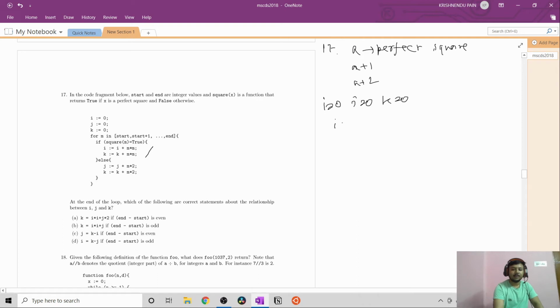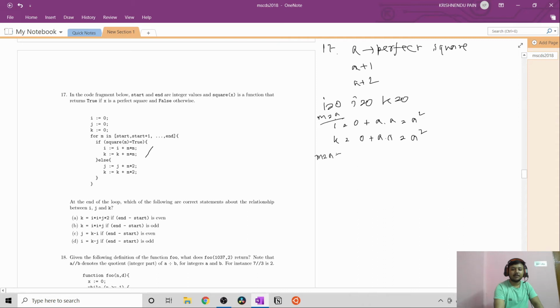Then the value of I will be I plus M into M. I value is 0 plus M into M. M means here A into A, which implies A square. And the value of K will be K previous value 0 plus M into M, A into A, which is A square.